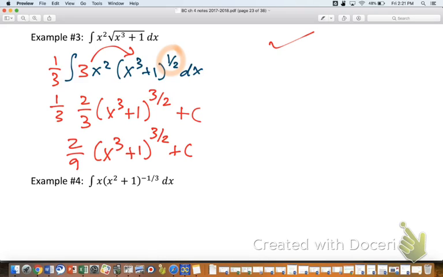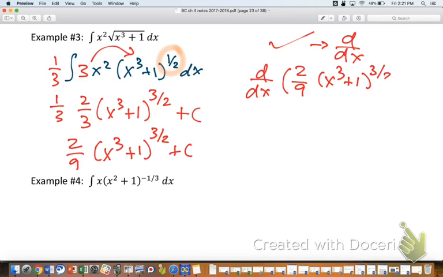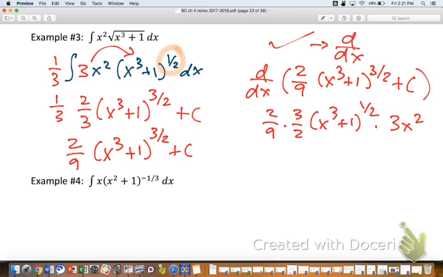So if I checked this by doing a derivative, I would say d dx of 2/9 times x cubed plus 1 to the 3/2 plus c. So 2/9 is just a constant multiple, so that's just going to stay where it is. So it's going to be 2/9 times, the power rule would be 3/2 times x cubed plus 1 to the 1/2. Get ready for it. That 3x squared is coming out times 3x squared.